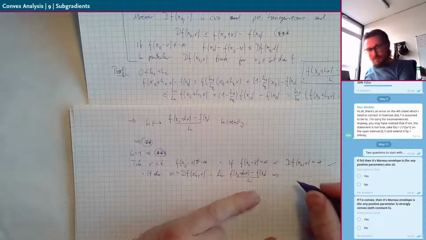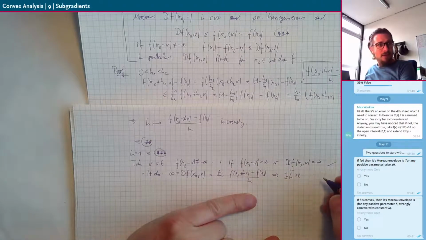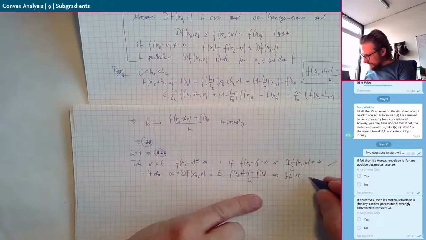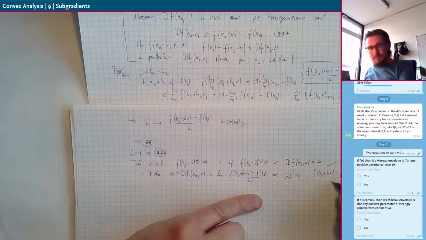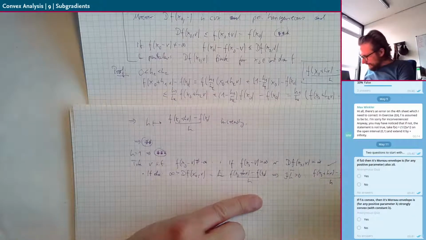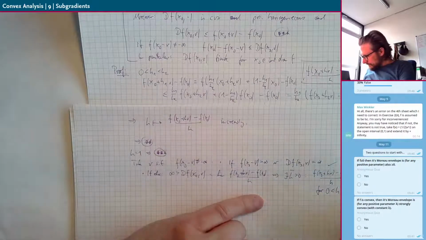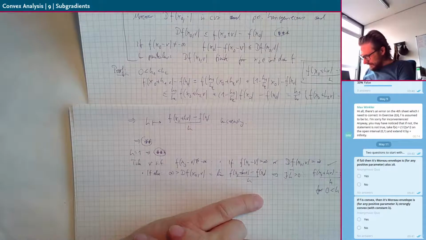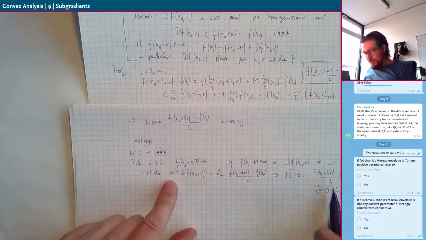And what we now see is there exists an h bar, a positive one, such that this differential is finite whenever h is smaller than h bar. Because otherwise this limit could not be infinite, would be infinite if this would not exist.